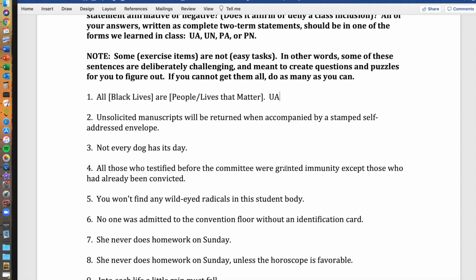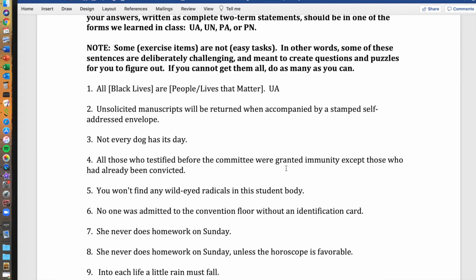So number two, unsolicited manuscripts will be returned when accompanied by a stamped self-addressed envelope. Unsolicited manuscripts will be returned when accompanied by a stamped self-addressed envelope. So a couple of things we can note here. We have the will be. That implies an affirmative statement.